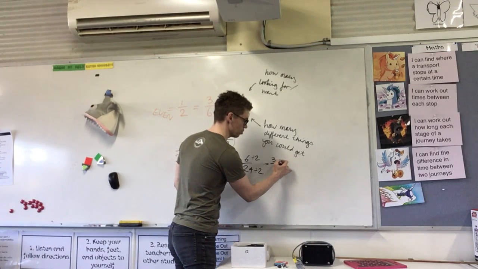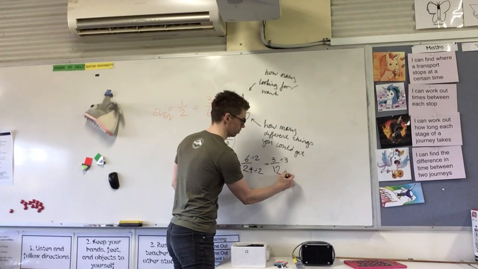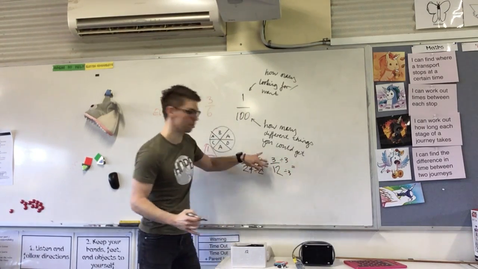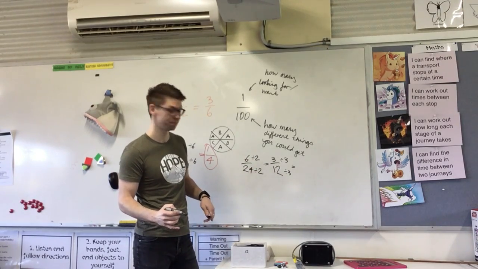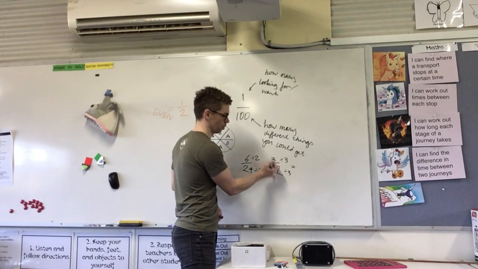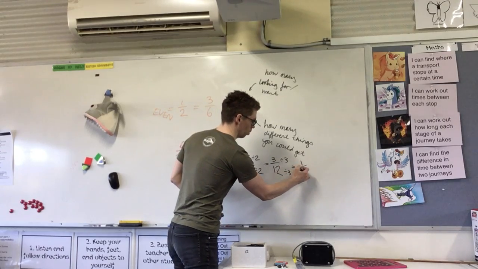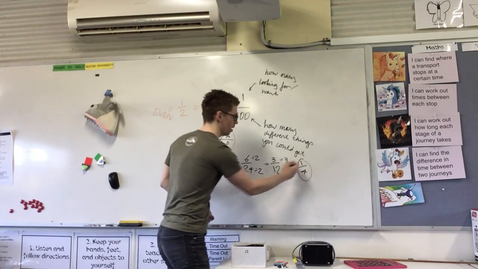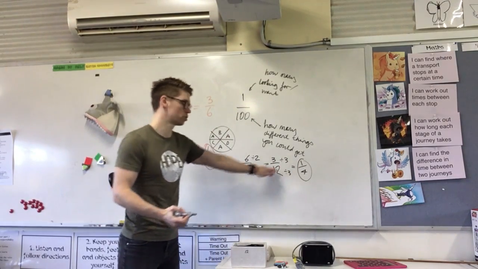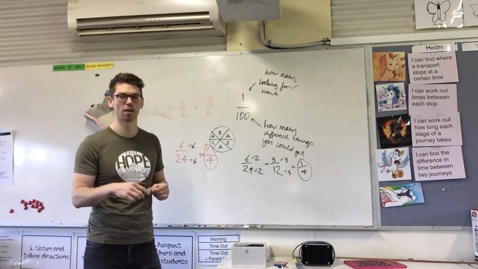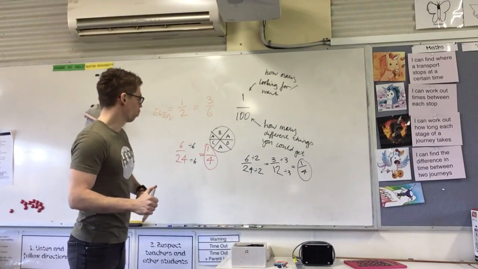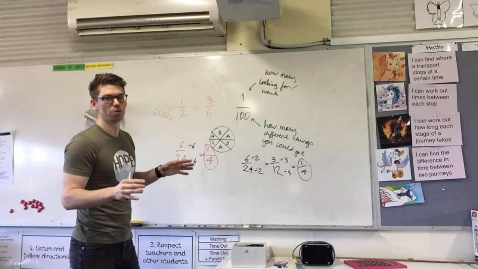And then maybe you can divide again. I know that you can divide both of these numbers by 3 because they're both in the 3 times table, and then we've got 1 out of 4. So you end up in the same place even though you just took a few steps to get there. That's totally fine. When you're simplifying, year 5s, you don't need to do it all the time.